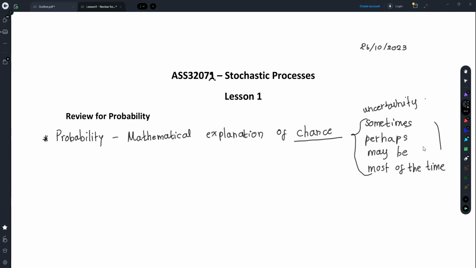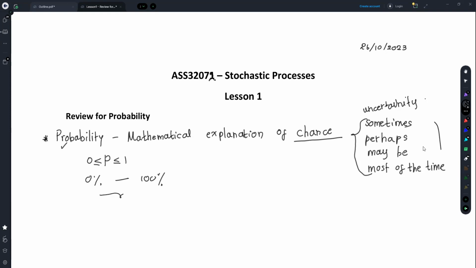So if you want to give a precise value for this chance, that is when we use probability, right? Probability gives a number, a mathematical way of explaining the chance. So we all know probability lies between 0 and 1, or you may say 0% to 100%, right? So 0 is exact no, 100 is exact yes.